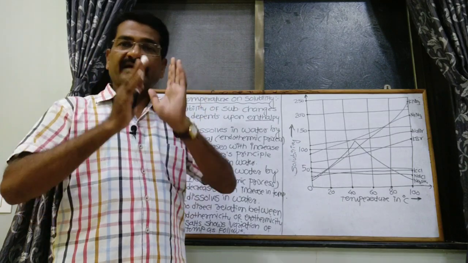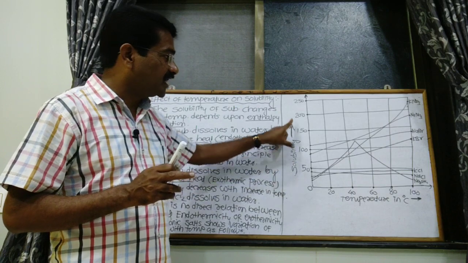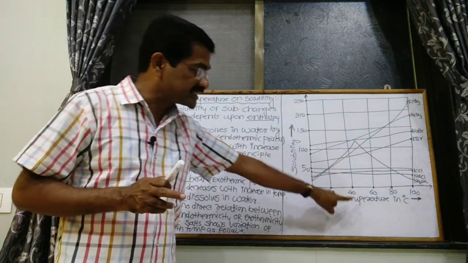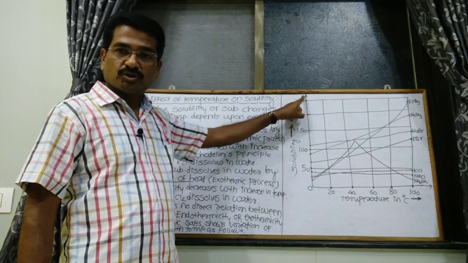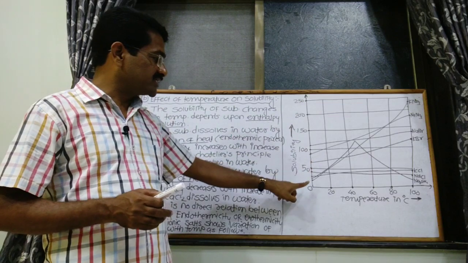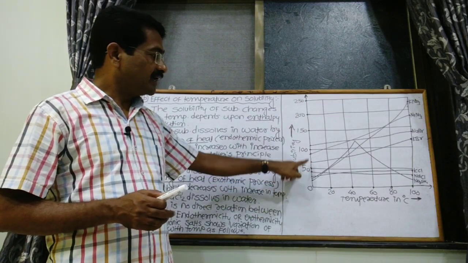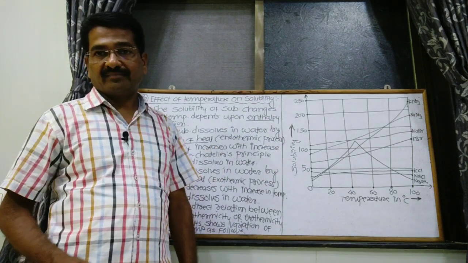When the graph is plotted, solubility of substance versus temperature, this axis indicates the solubility in moles per dm cube, moles per liter, that is 0, 50, 100, 150, 200 and 250.